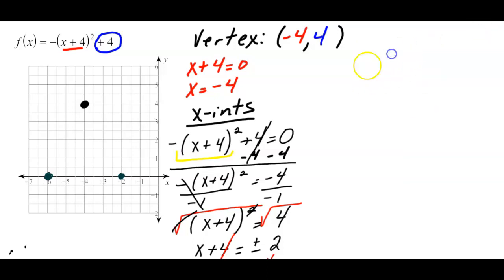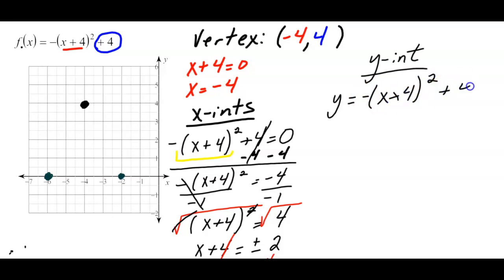Okay, in order to find our y-intercept, you're going to put zeros in for all your x's. So you're going to rewrite this equation, replacing your f of x with your y. So y equals negative the quantity x plus 4 squared plus 4.